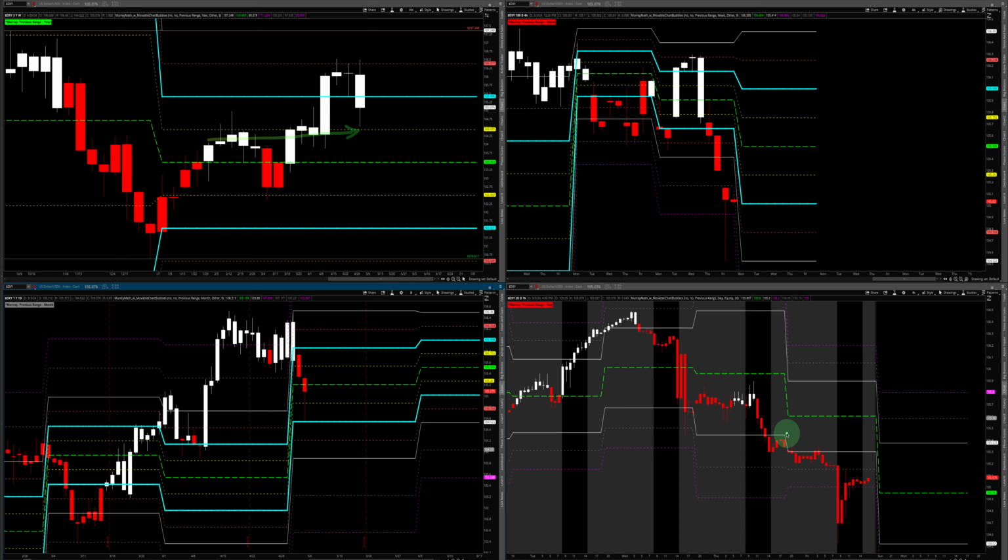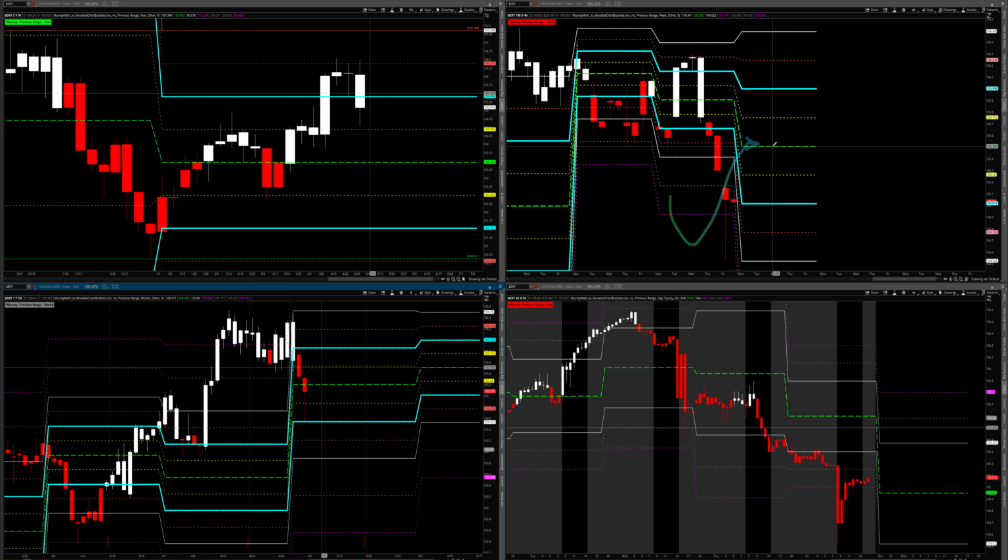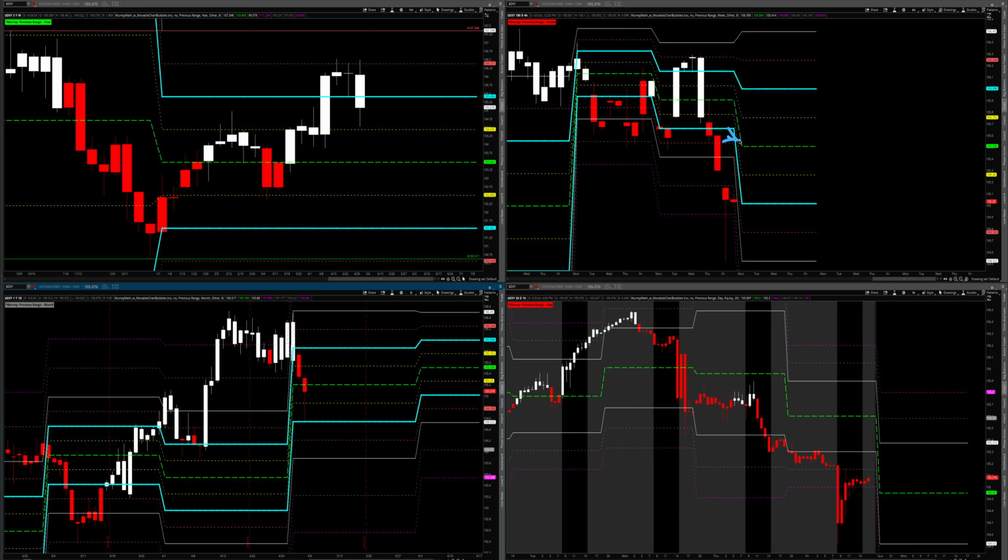And before we go to the daily, for next week you need to regain 105.50 in order to have a fighting chance to get up to 106. You at least need to close for the whole week of next week, at least kiss that or close higher, to get up here.